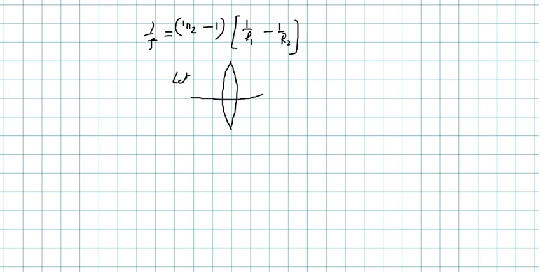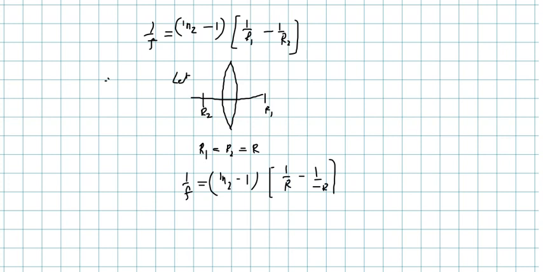So this is r1 and this is r2, so r1 equals r2 equals r. Then 1 by f is equal to n2 by n1 minus 1 into 1 by r minus 1 by minus r, because if this is the lens, this side is the other way.